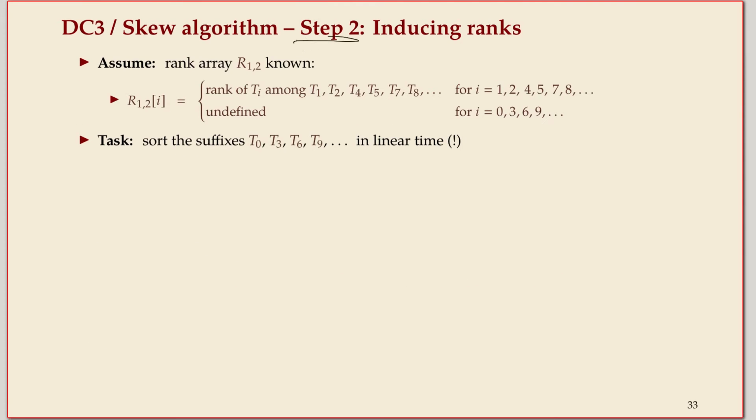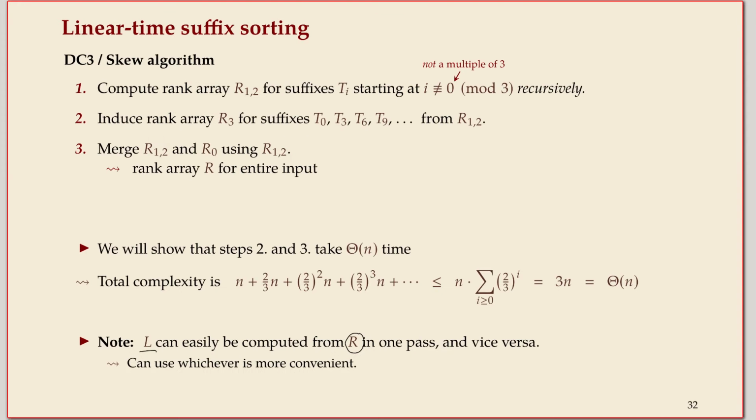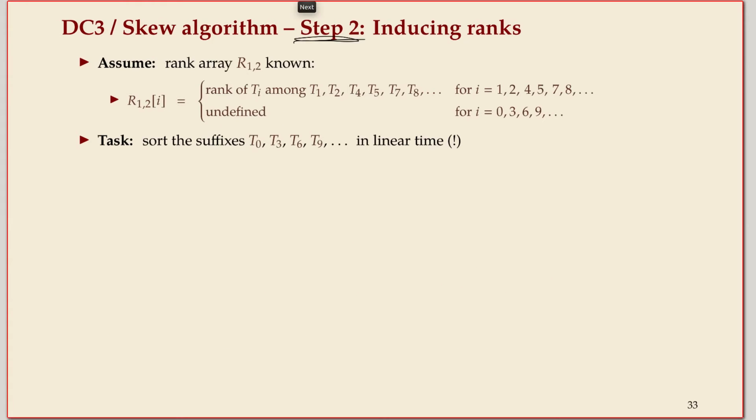Let's look at step 2, inducing the ranks. At that point, remember we use recursion to compute R12, which is the ranks of the suffixes that start not at a multiple of 3. Now step 2 tries to, so that's what I just said, formulated again. We have computed this array which stores the rank of the suffixes among those that are not at a multiple of 3.